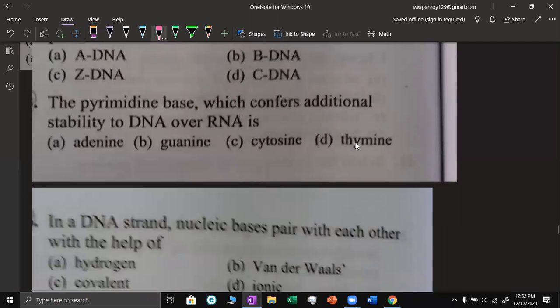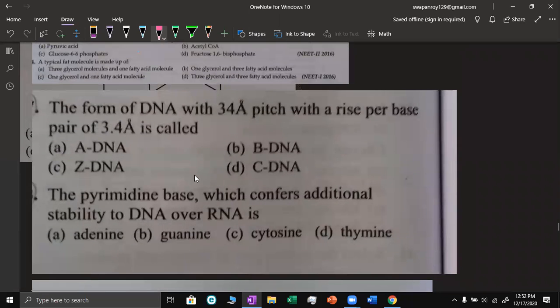In the DNA molecule, you see this question, two questions are there. The form of DNA with 34 angstrom pitch with a rise per base pair of 3.4 angstrom is called which DNA? B-DNA, sir. B-DNA. It is the normal DNA, having 34 angstrom pitch.